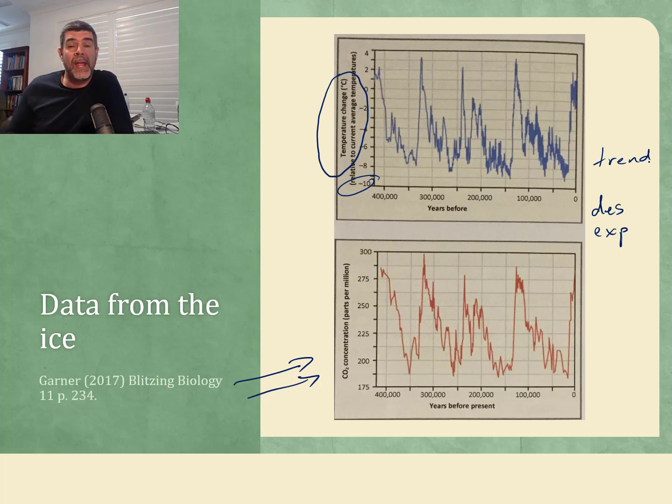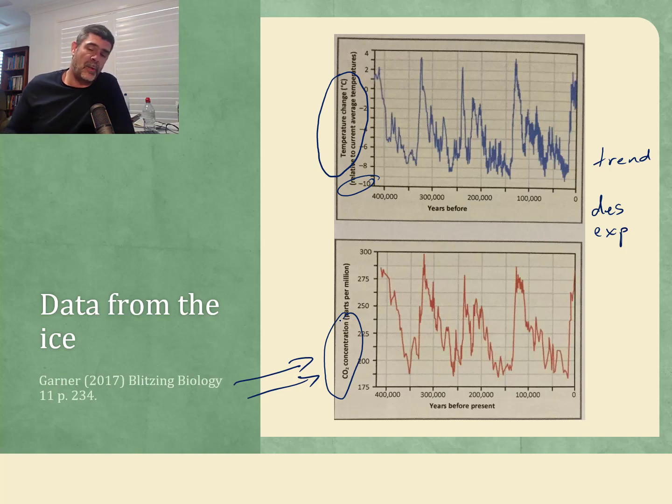We also want to look and see if there's any data in here that's actually telling us something slightly new and slightly different. And so when we look at the second of these graphs, the carbon dioxide concentration, we can again see that there's some parallels between the cyclic nature of the carbon dioxide concentration and the temperatures. So there does seem to be a little bit of a relationship here already between carbon dioxide and temperature change.